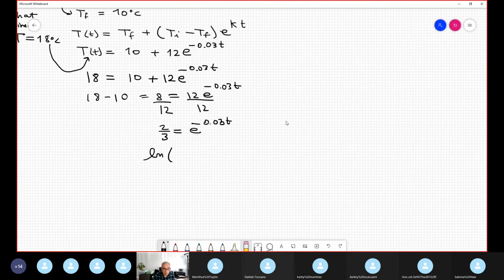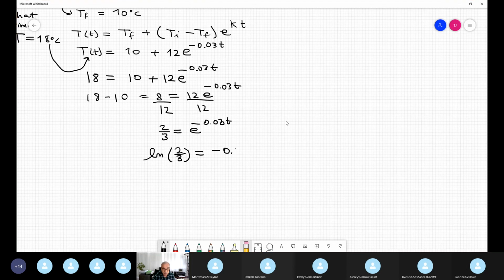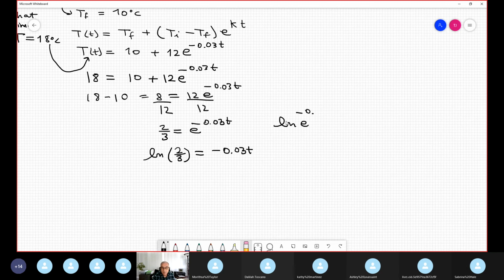Logarithm of 2/3 is equal, and logarithm of this is minus 0.03 T. You see, it's magic, logarithm and exponential cancel each other. Finally, logarithm of 2/3 divided by negative 0.03 is equal to T.